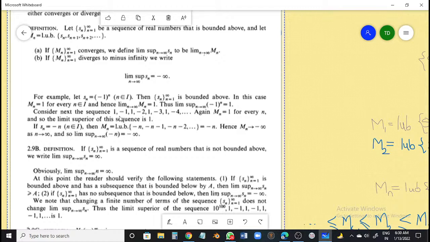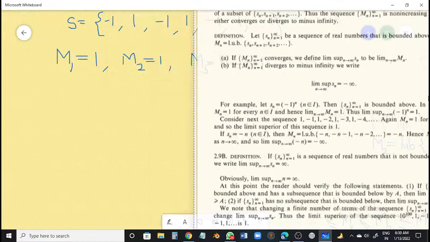Now they have given another sequence, 1, minus 1, 1, minus 2, 1, minus 3, likewise. So let us deal with this.